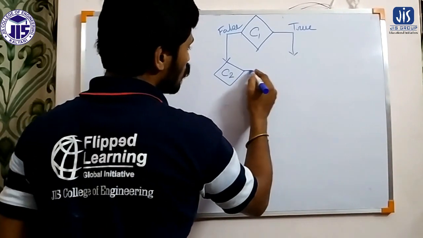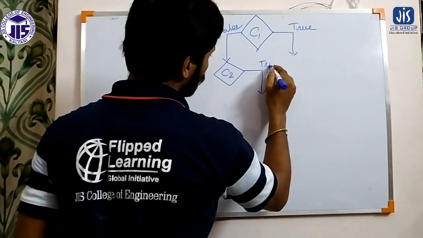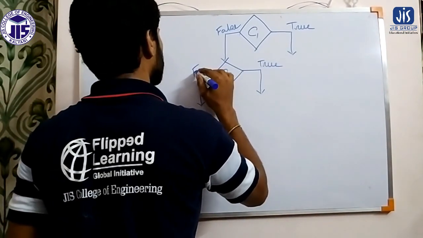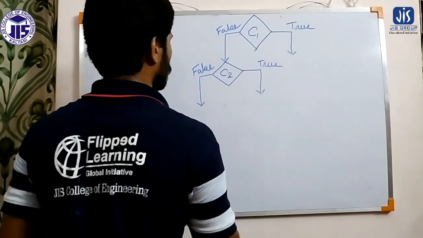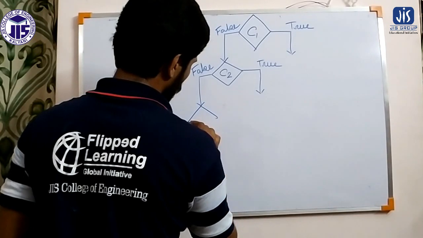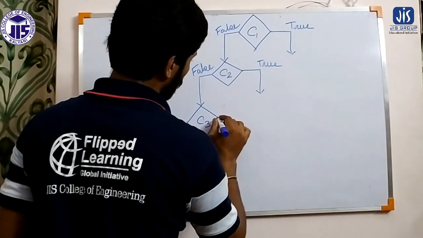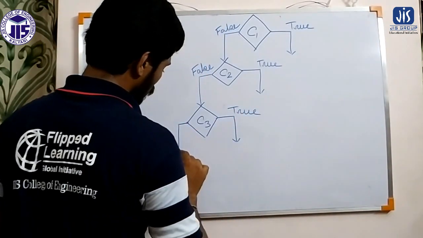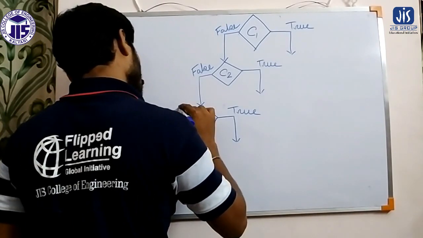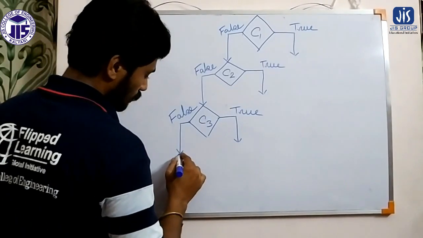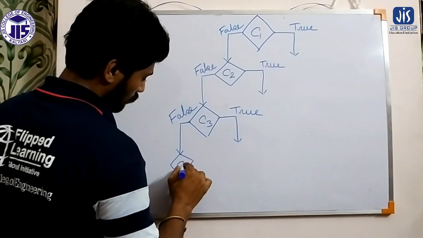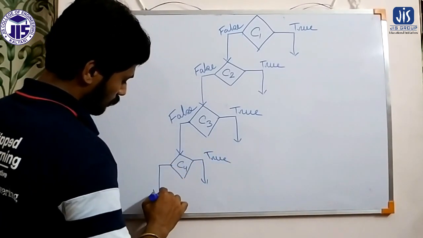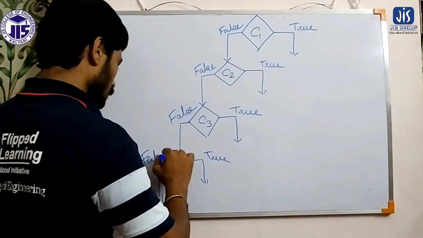We are applying the second condition if the previous condition is false. Now if condition 2 is false, we apply the third condition, and so on.